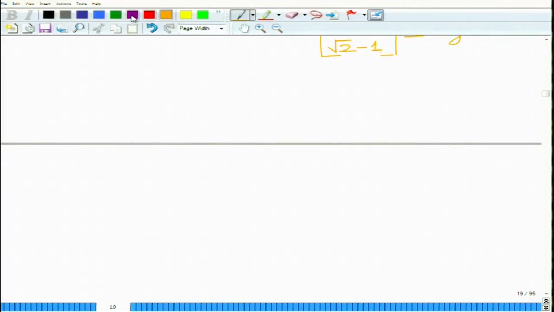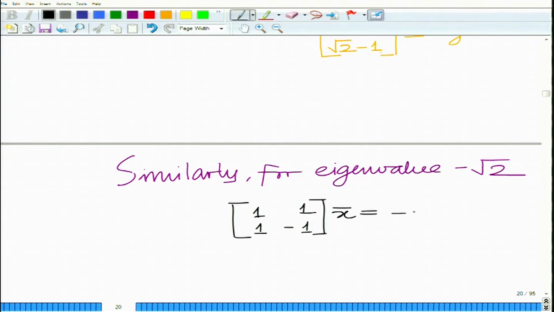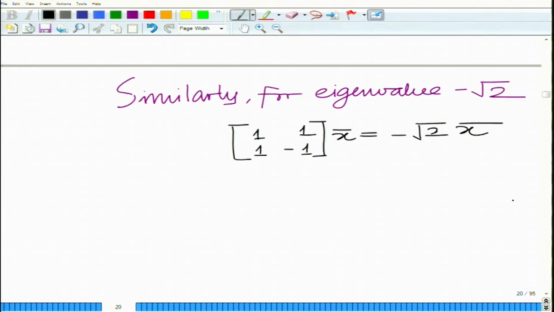Now, similarly, one can find the other eigenvector, alright, corresponding to eigenvalue minus square root of 2. Similarly, for eigenvalue minus square root of 2, we have the matrix 1 1 1 minus 1 times x bar equals minus square root of 2 x bar.